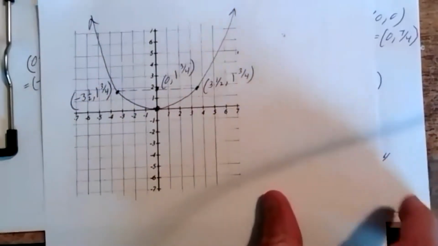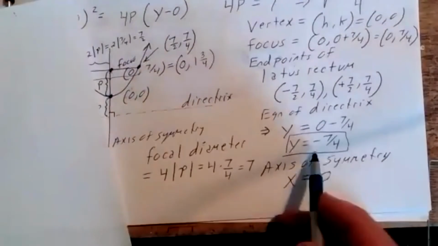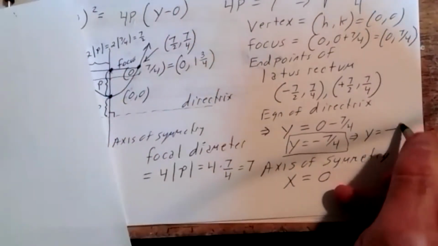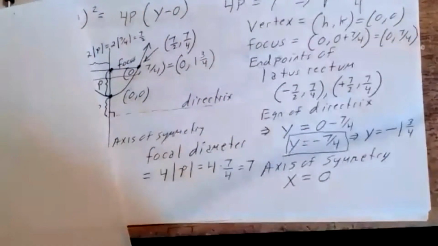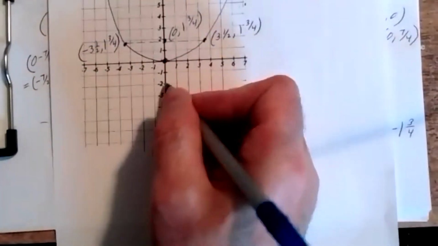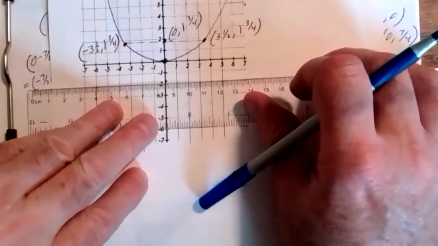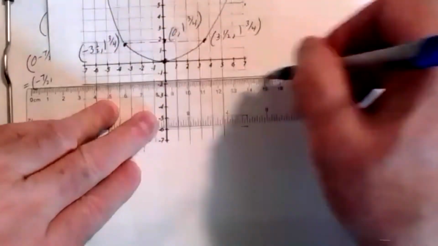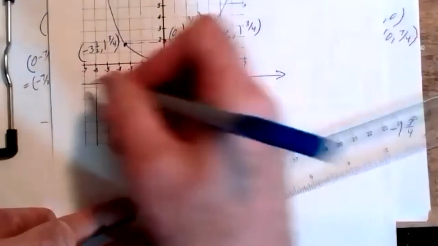And the directrix is y equals what? y equals negative 7/4, which implies y is equal to negative 1 3/4. So your directrix would be this horizontal line that goes right through the y-axis at negative 1 3/4. That would be your directrix.